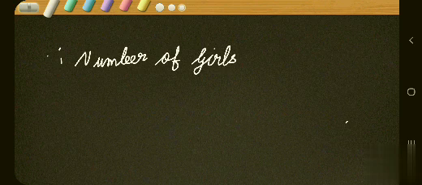Number of girls is equal to what we have to do? Yeah, we have to subtract the number of boys from the number of children, isn't it? So please subtract. What is the number of children? 1,58,312 minus 75,819.